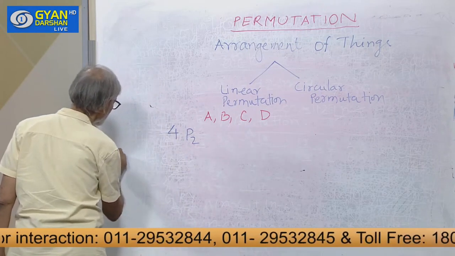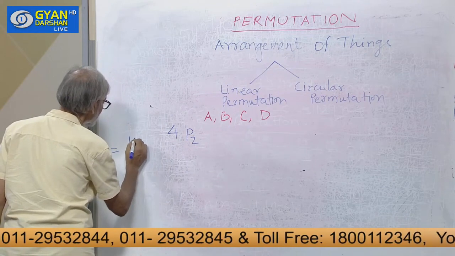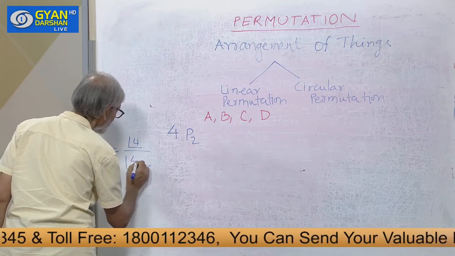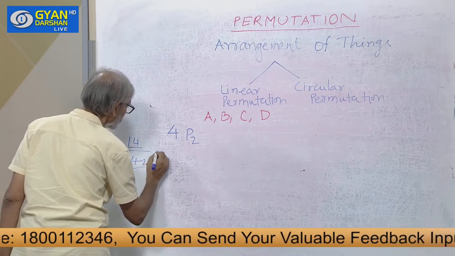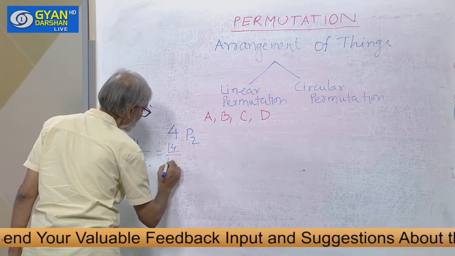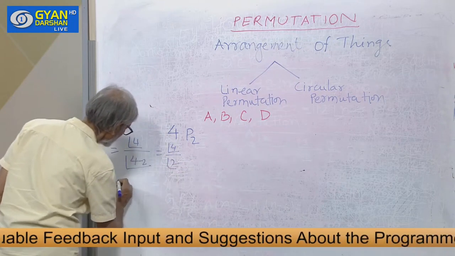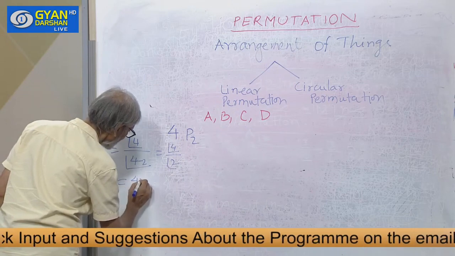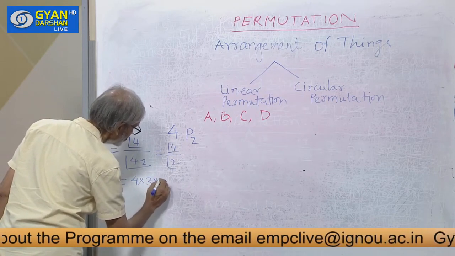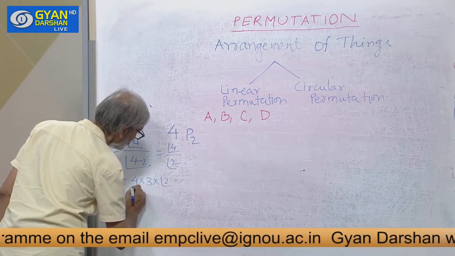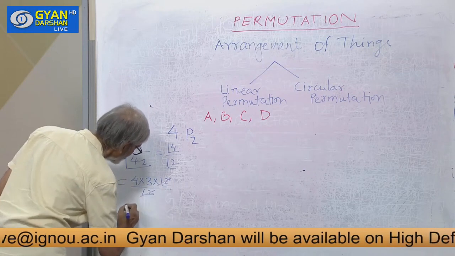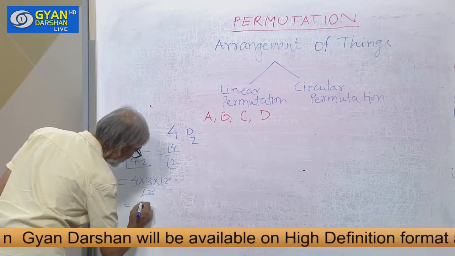So, this will be equal to factorial 4 divided by factorial 4 minus 2 is equal to factorial 4 divided by factorial 2 is equal to 4 into 3 into 2 into 1, which we can write factorial 2 divided by factorial 2. So, these will be cancelled out. So, there will be 12 ways.